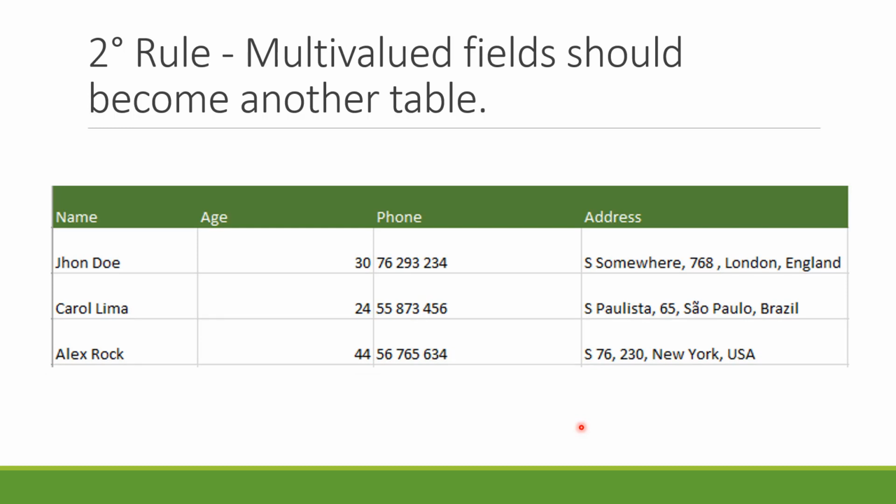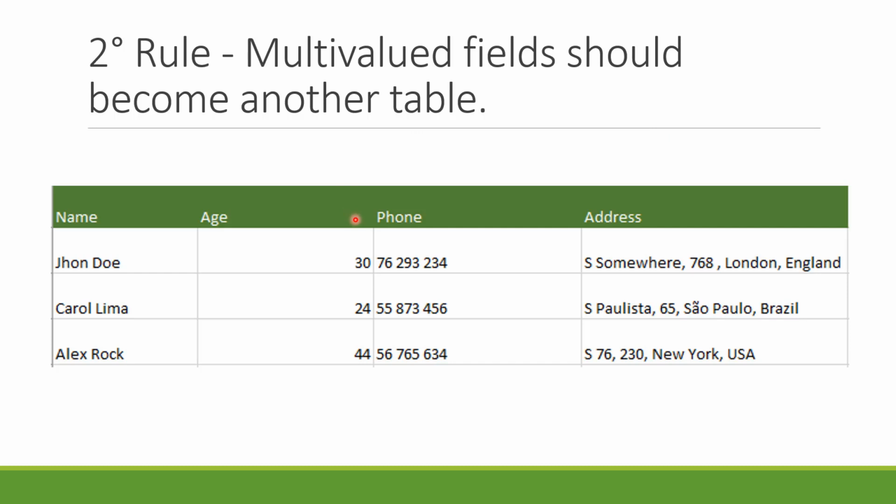The second rule says that multivalued fields should become another table. So what are multivalued fields? Multivalued fields are fields that store multiple and different pieces of information in one single field.